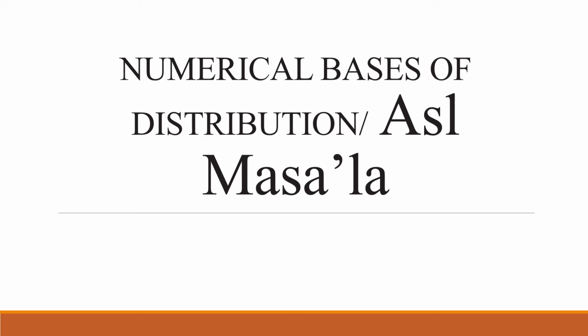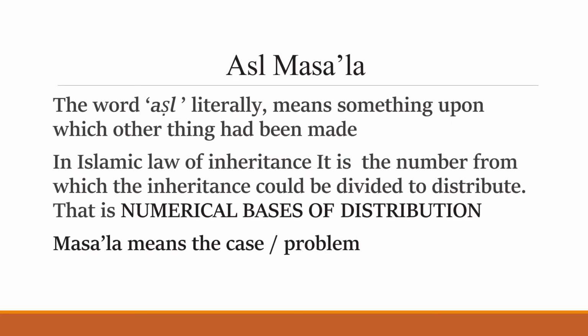So numerical basis of distribution, in Arabic, we can read in Fathul Mu'in as Aslul Mas'ala. What's that? Please get to know that in Arabic, the word Asl literally means something upon which other things are made, ma yambani alayhi ghayru.